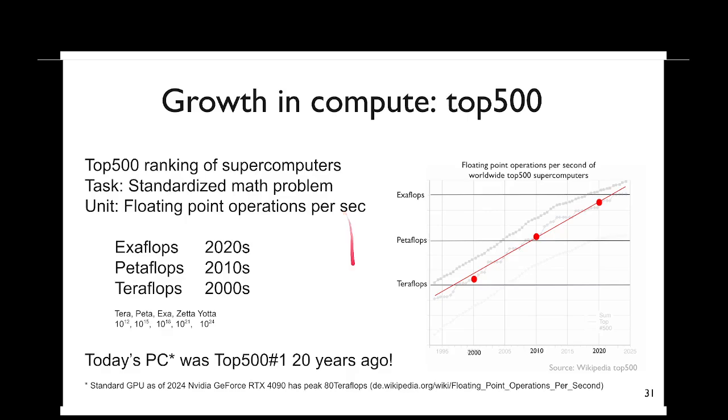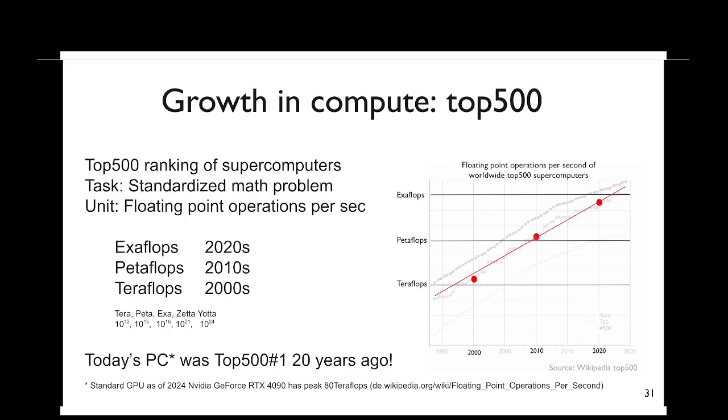If you go back to the year 2000, the time when Google was founded, we were at teraflops. So tera is 10 to the power of 12. The best machine worldwide could do 10 to the 12 floating point operations per second.